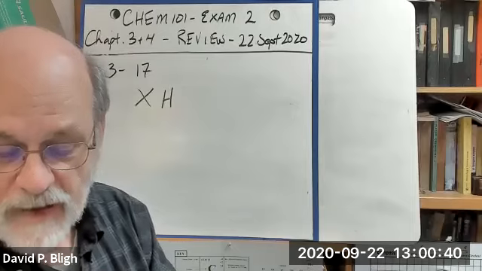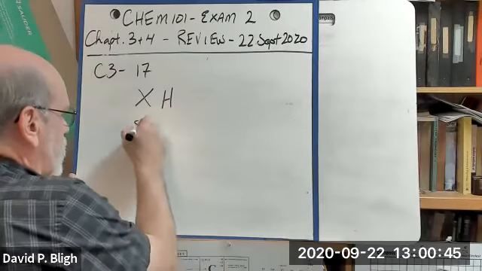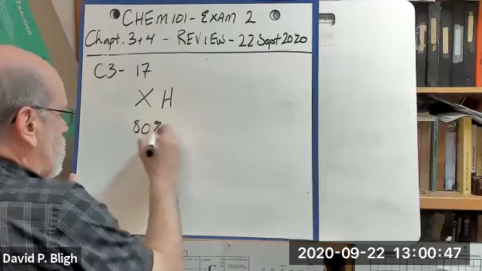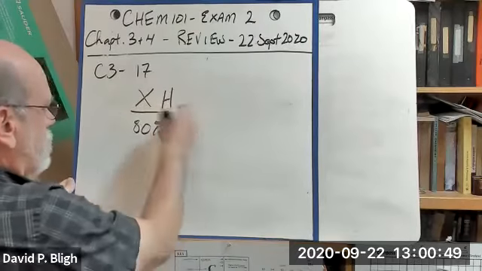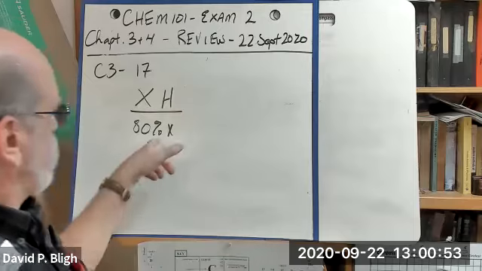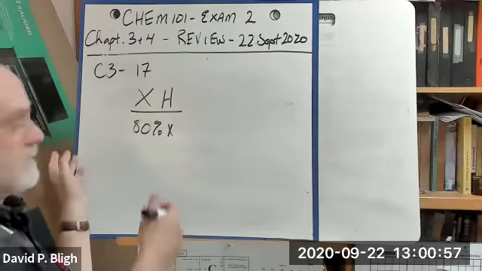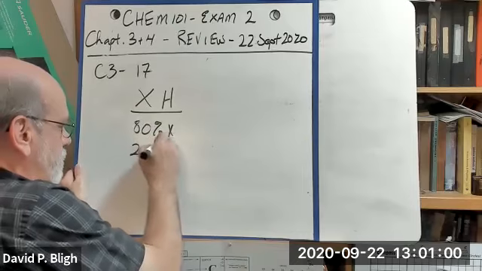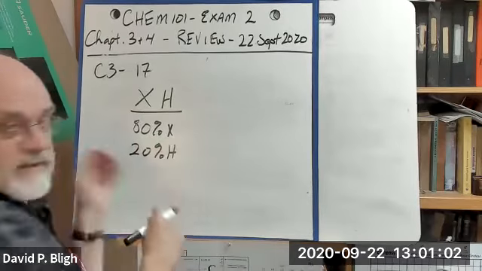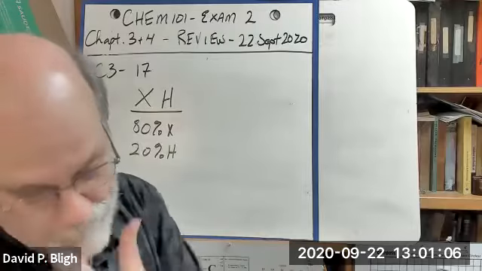Analysis shows the compound to be 80% X by mass. So it's 80% X in that compound. So how much is the hydrogen? 20%, right? Has to add up to 100. So 80% X, 20% hydrogen.